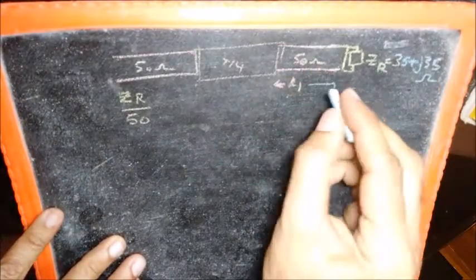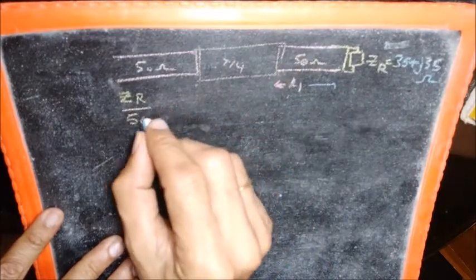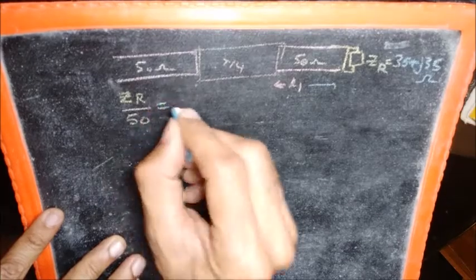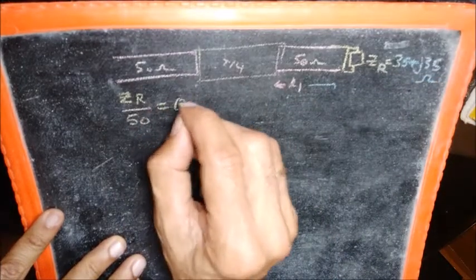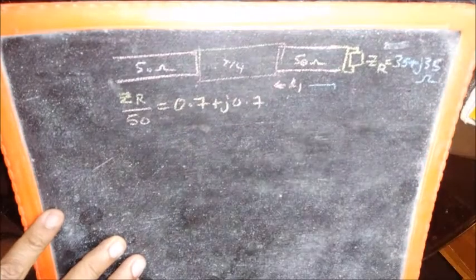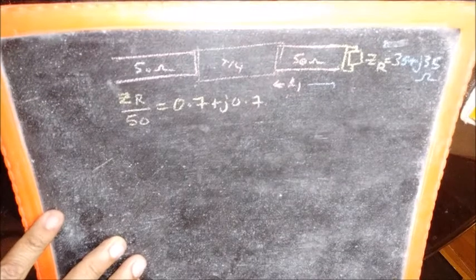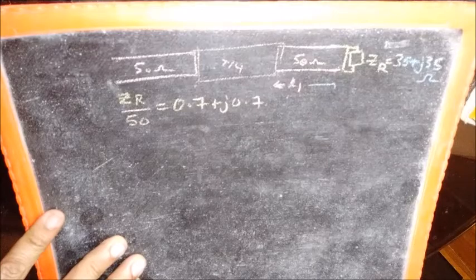The whole exercise of finding L1 is to ensure that the input impedance here is real. So ZR by 50 is 35 plus J35 by 50, which we can write as 0.7 plus J0.7, because 35 by 50 gives us 0.7. This is the normalized impedance.